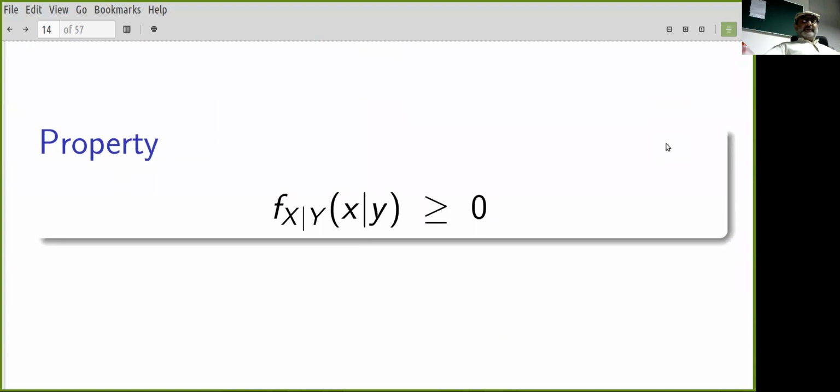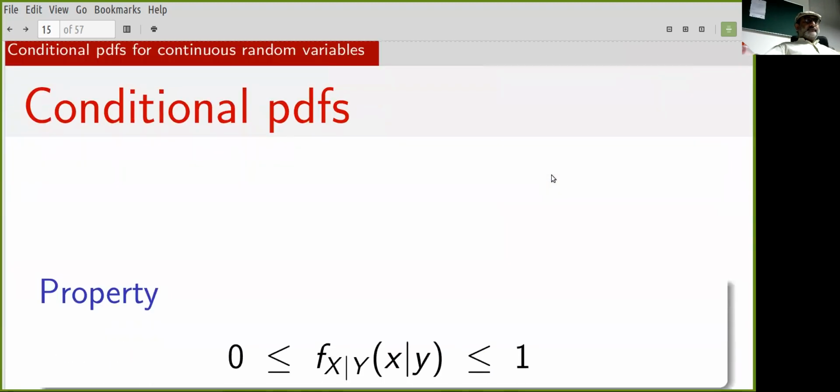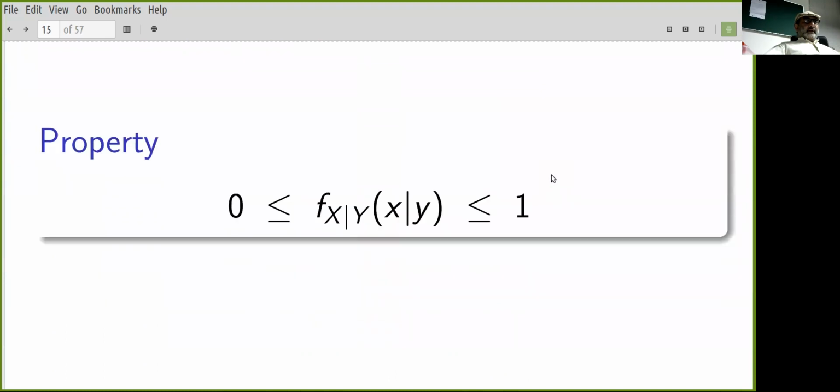As before, we're talking about probabilities. So the conditional for x given y, evaluated anywhere, is greater than or equal to 0. These conditional probabilities have to lie between 0 and 1.